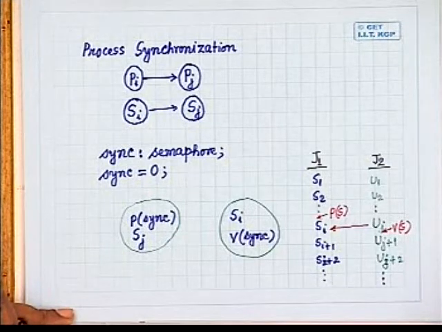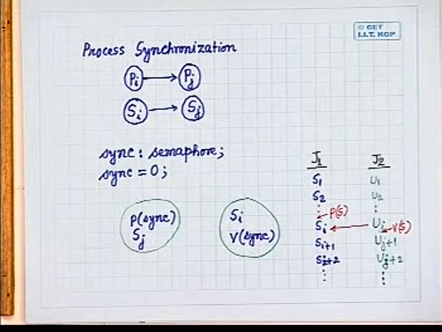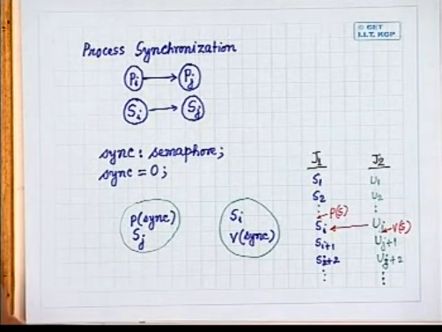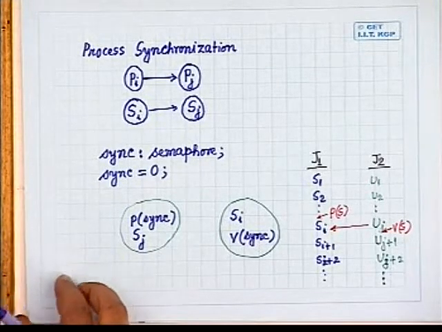This is another application of the semaphore variables. Okay. Now let us come back to an example that we had given earlier of a precedence graph.